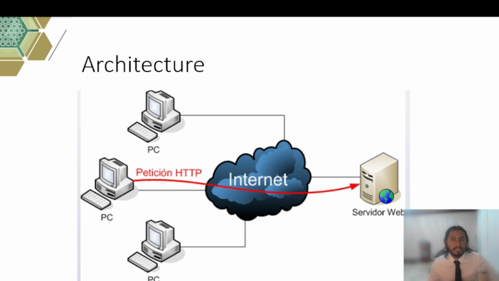Once this request is made via internet protocol and received by the web server, the web server locates the web page on its file system and sends it back to the browser that requested it. Web applications are based on the client-server model that manages web servers and that uses web pages as their interface.